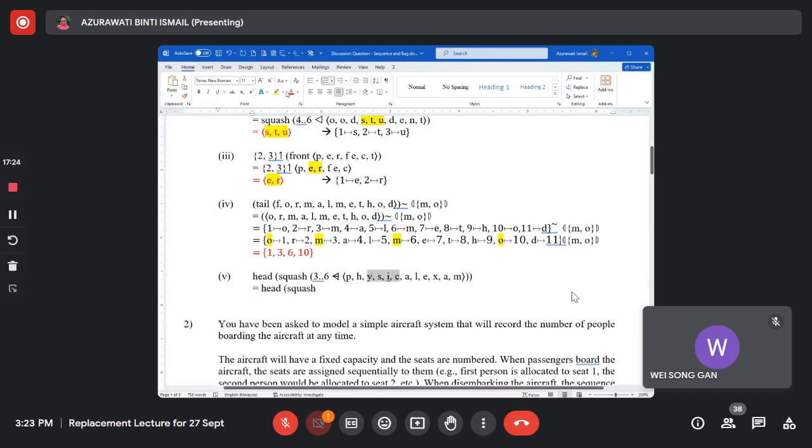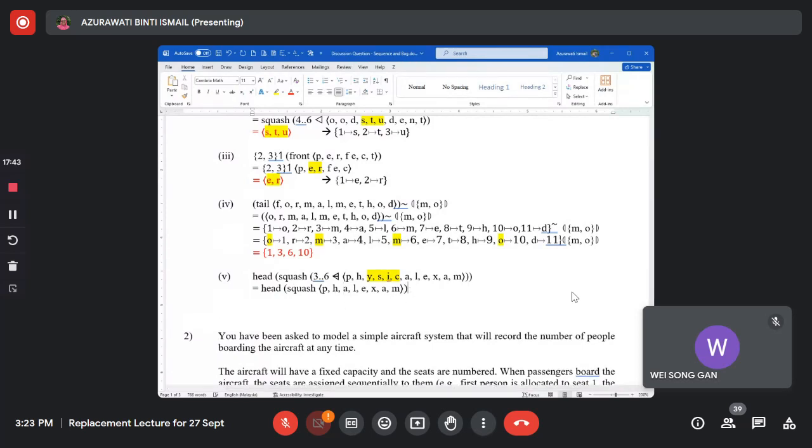We are going to remove this 4 data, so I will have only this part. Then I will do the squash operator for that. The squash operator means I will get the sequence, meaning that the numbering here will be arranged in order.